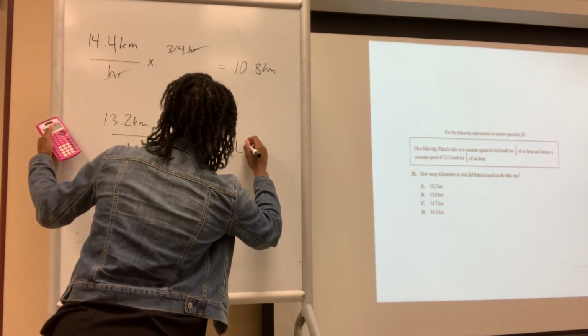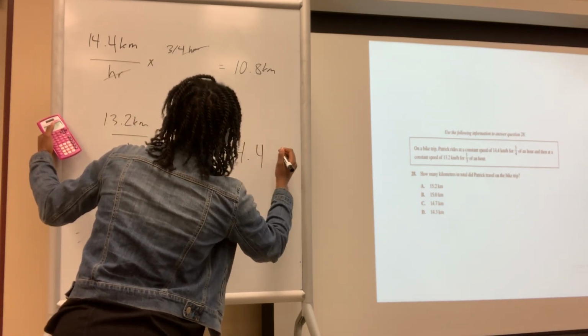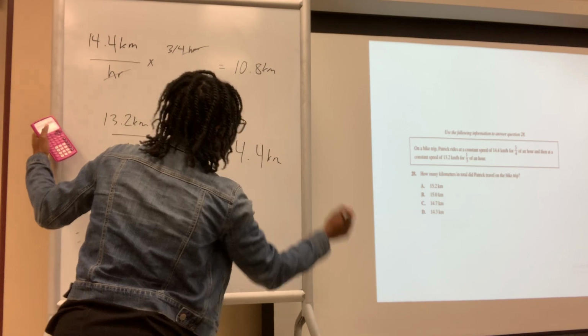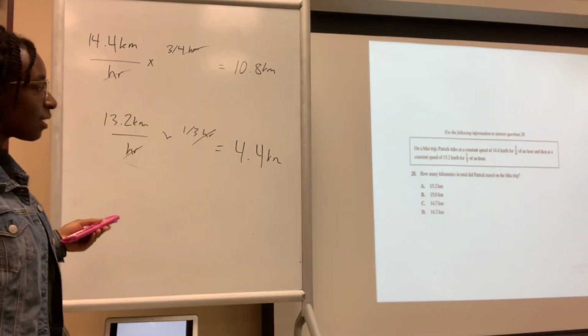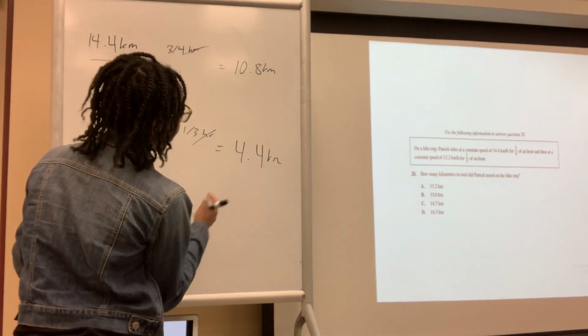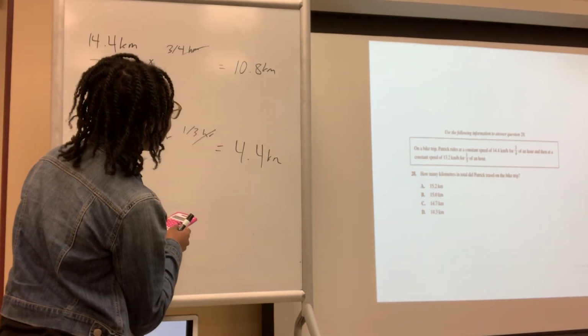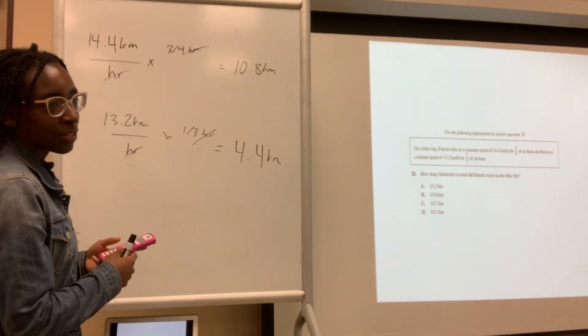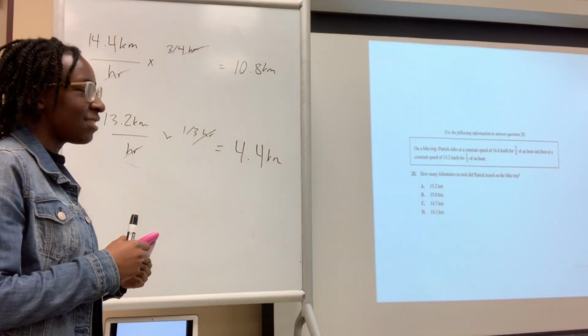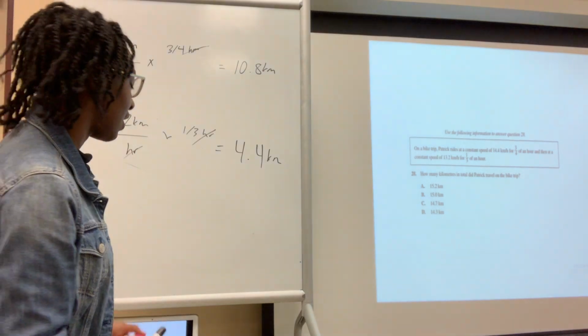So for this portion of the trip, he rode 4.4 kilometers. So to find how many kilometers in total, we just add the two portions of the trip. 10.8 plus 4.4 is 15.2 kilometers. So the answer is E. So this is one of the easier questions.